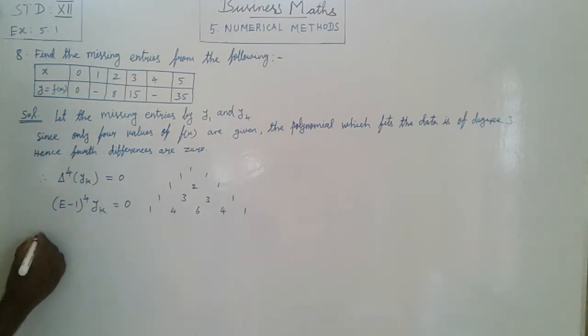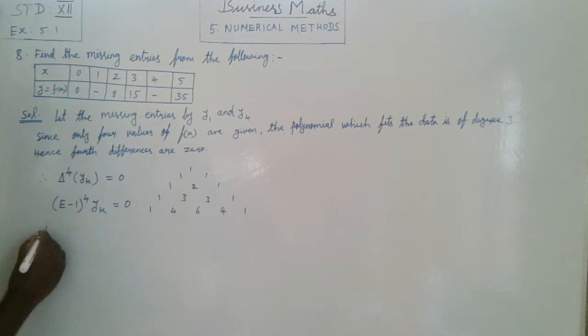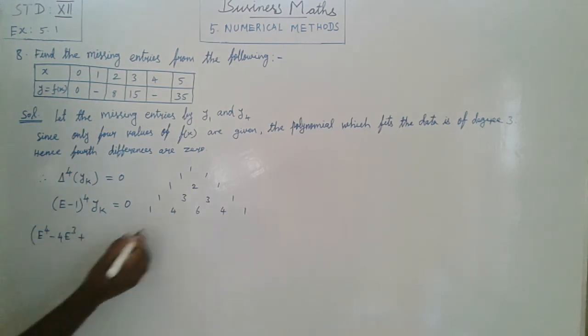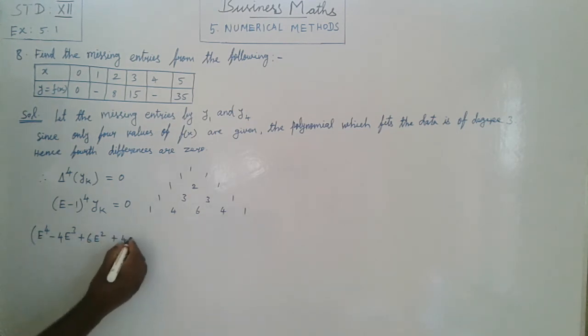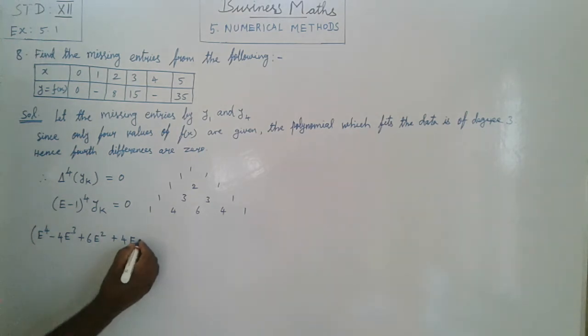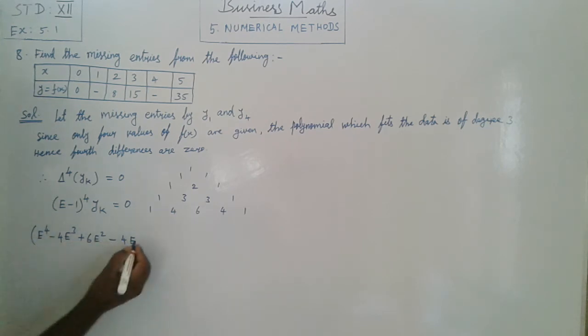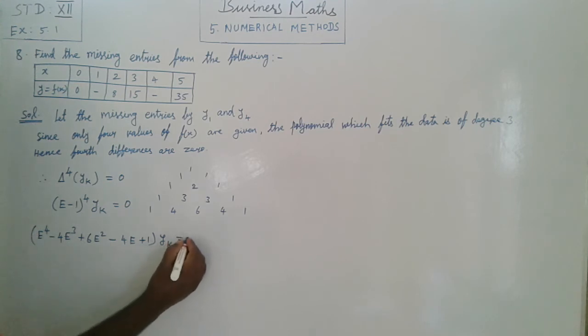So e minus 1 whole power 4 is 1 into e power 4, minus 4 into e cube, plus 6 into e square, minus 4 into e, plus, with signs alternating minus, plus, 1 power 4 is what? 1 into yk equal to 0.